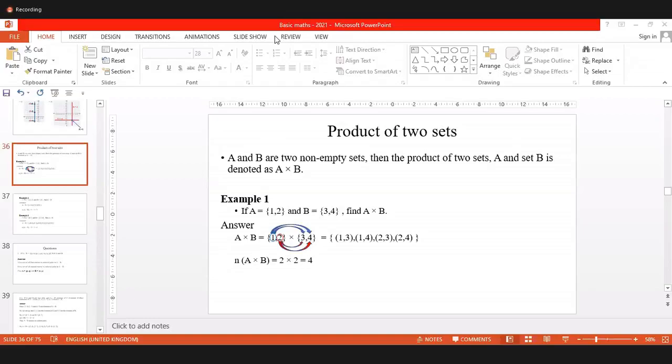Manashi, finished? Yes, sir. Right. Manashi, how can you explain this one? What are sets? The sets are two coordinates or an ordered pair. Yes.